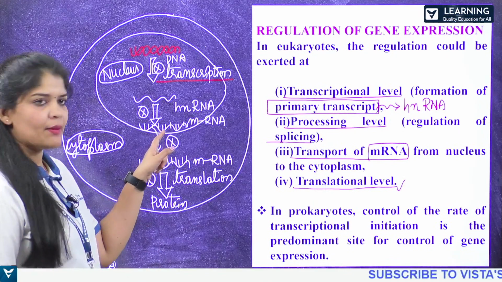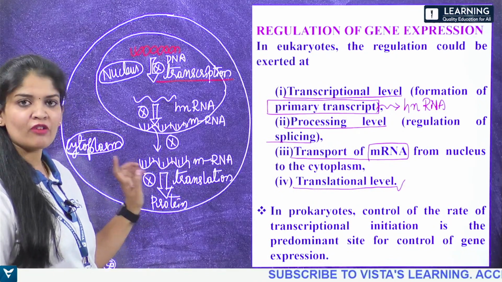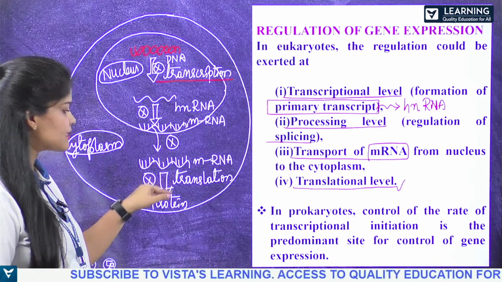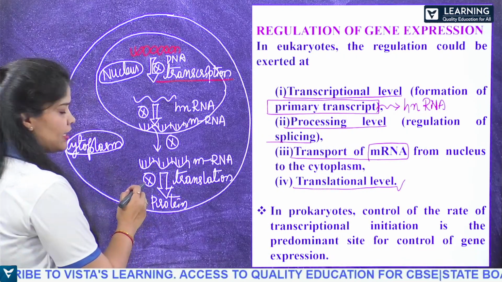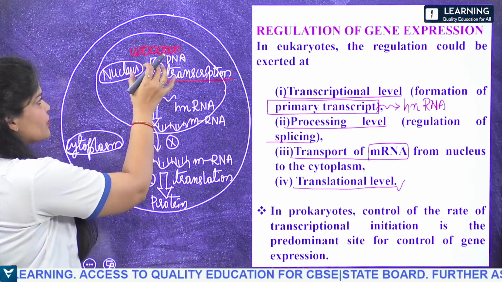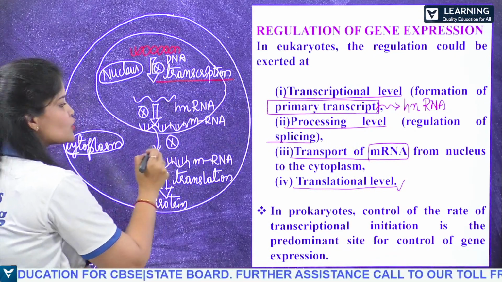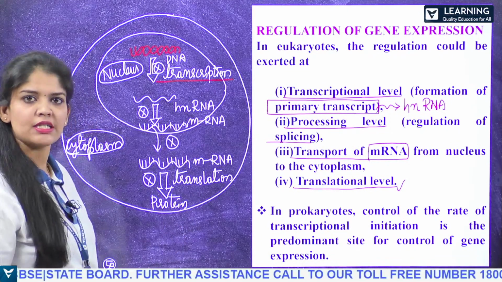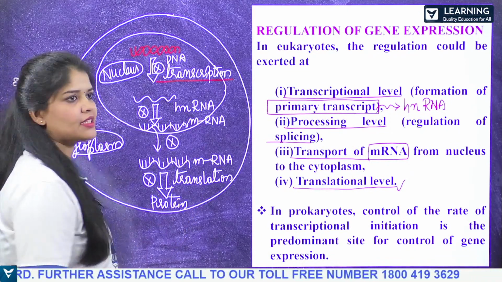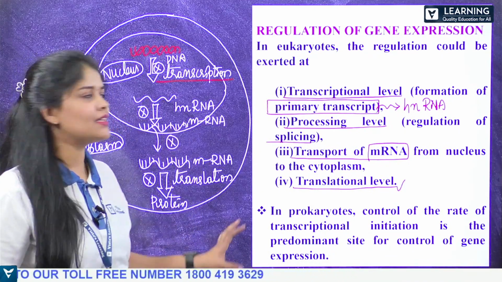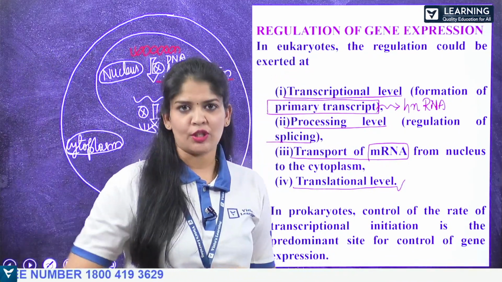So mRNA has been transported, and now we get this mRNA in the cytoplasm. Even after this, translation can be regulated. So these are the different levels: transcription, post-transcriptional modification, transport of the mRNA from the nucleus to the cytoplasm, and finally translation. This is all possible in eukaryotic organisms.